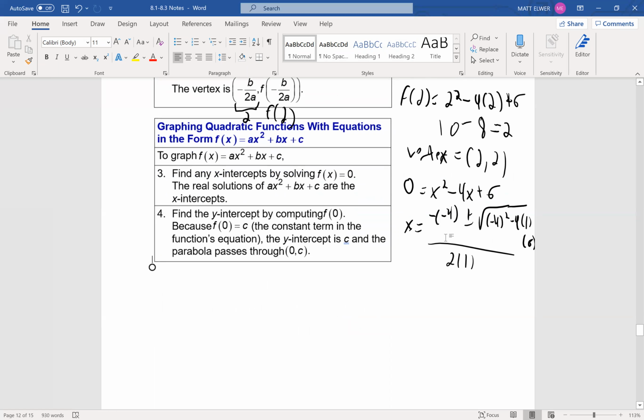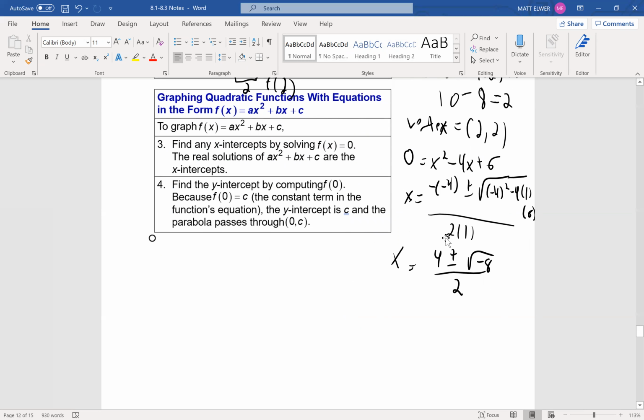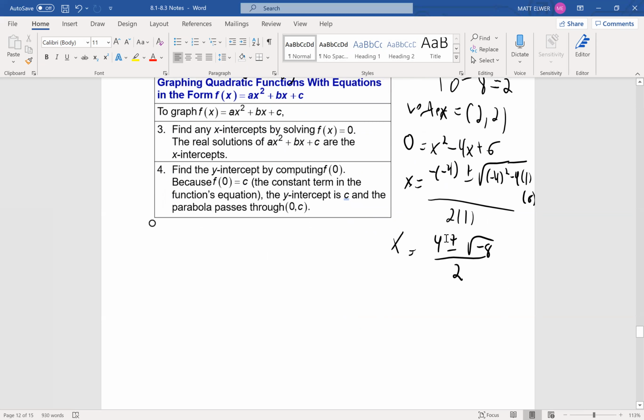I won't work through this one, but I'll give you the answer: x is equal to 4 plus or minus the square root of negative 8, over 2. Notice that we're going to have imaginary roots again, because we have the square root of negative 8. I don't necessarily need to know what those are because I'm never going to cross the x-axis, so I'll just leave it like that.